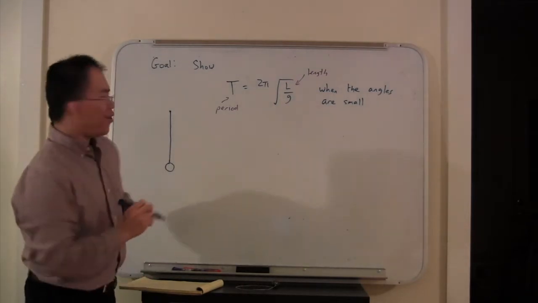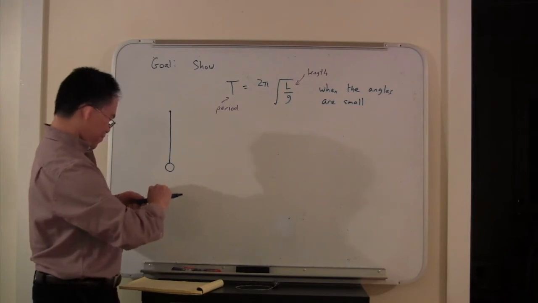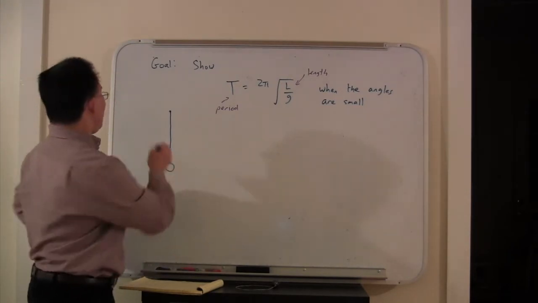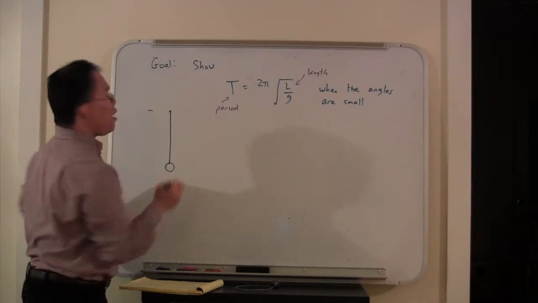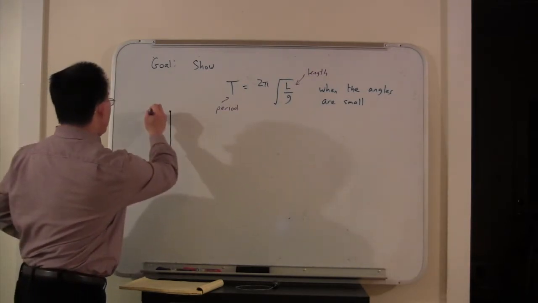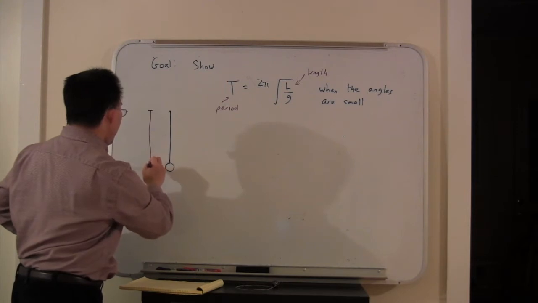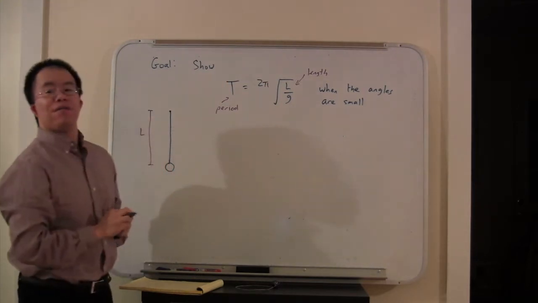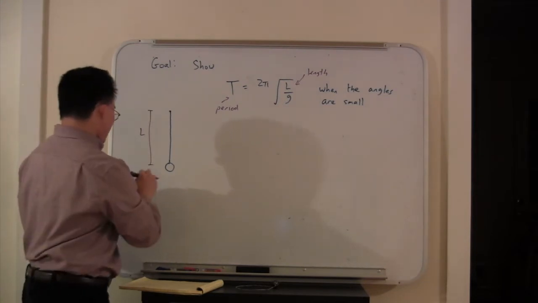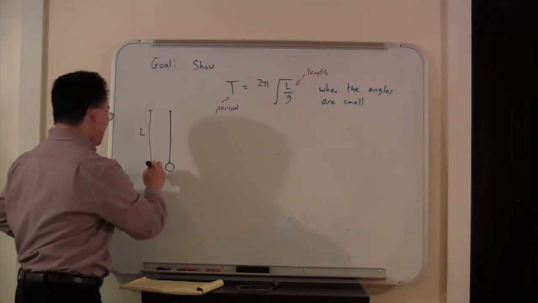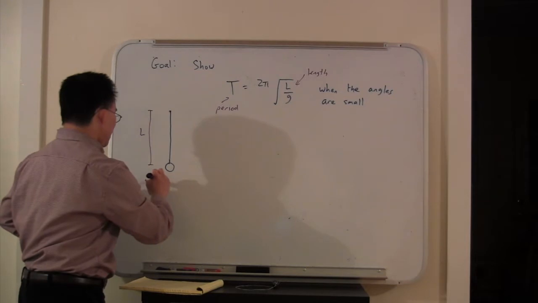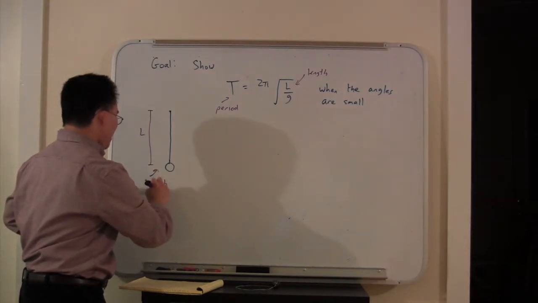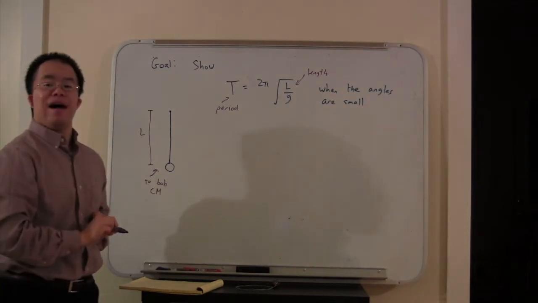The length L is defined as the distance between the support point and the center of mass of our bob. So let me just label that: to bob, center of mass.